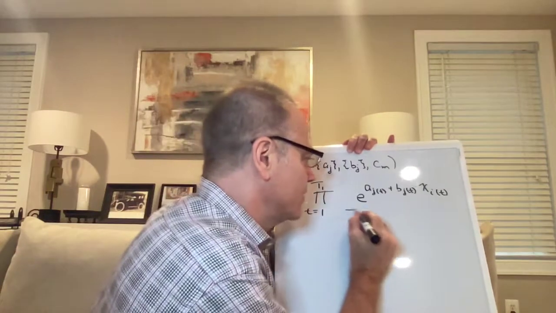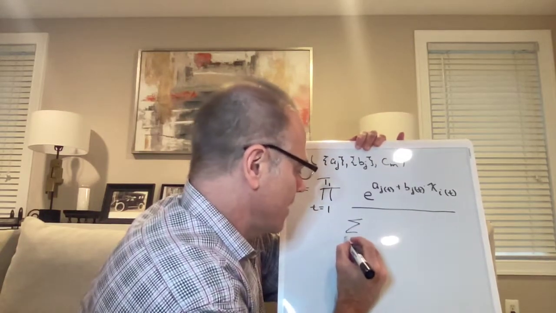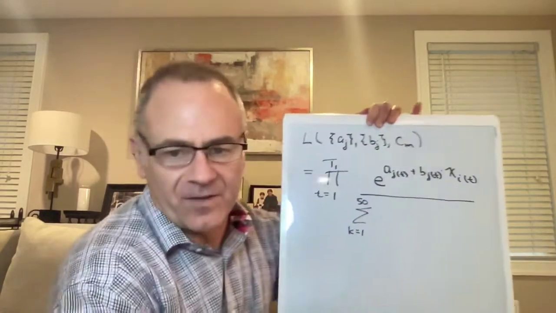And that is all divided by the sum over K equals 1 to 50.